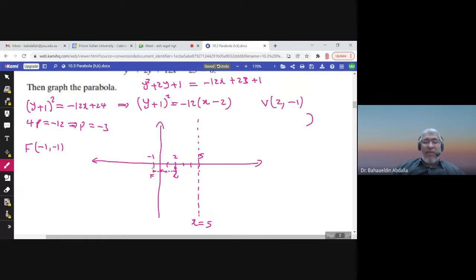I can find the latus rectum. It's a line that passes by the focus parallel to the directrix with length equal to 12. So 6 up and 6 down. So this is negative 1, 1, 2, 3, 4, 5, 6, and 1, 2, 3, 4, 5, 6.